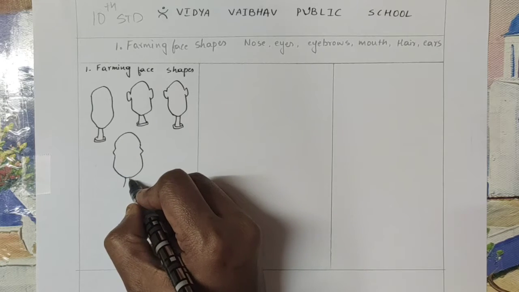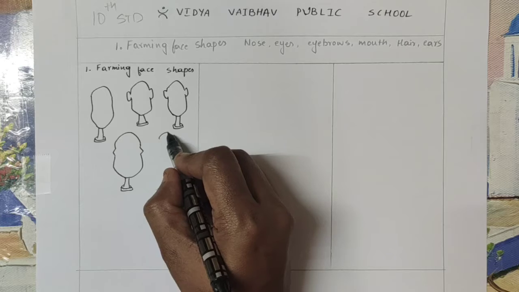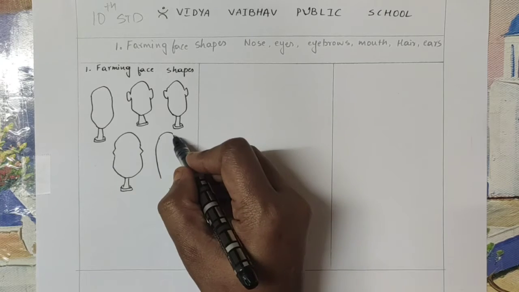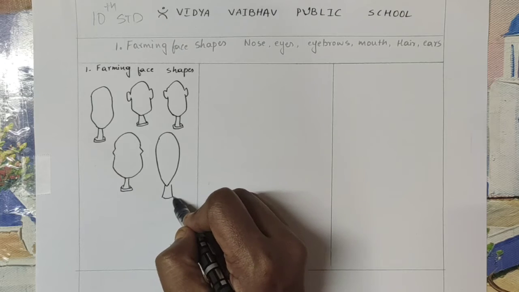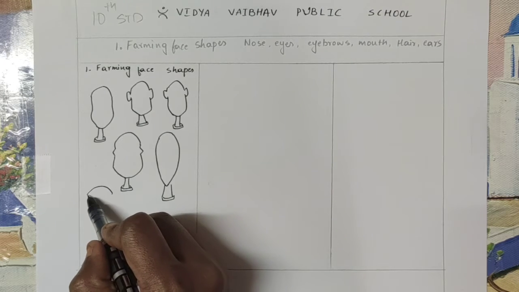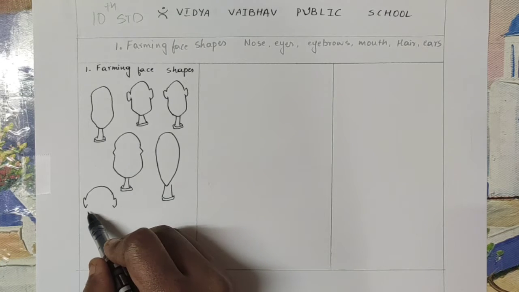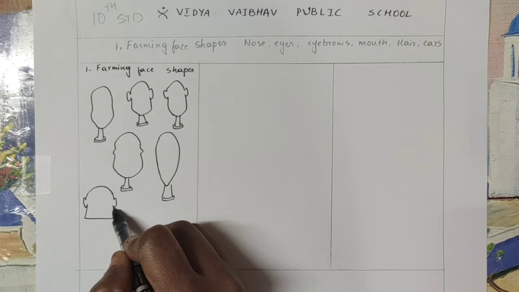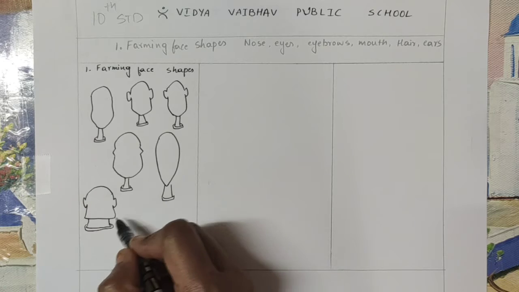So here we are now learning forming faces. You can copy the same thing in your art book, but whenever you are free, I want you to try different types of faces in your rough book. If you have any doubts, you can ask me in a live session.